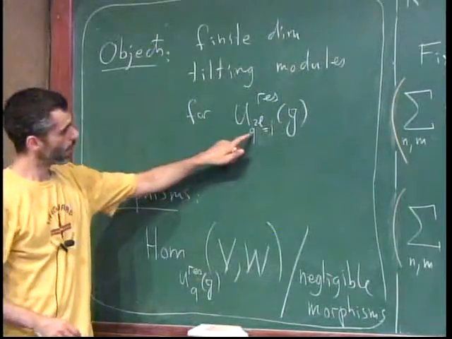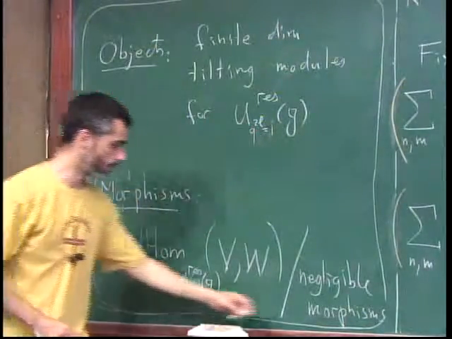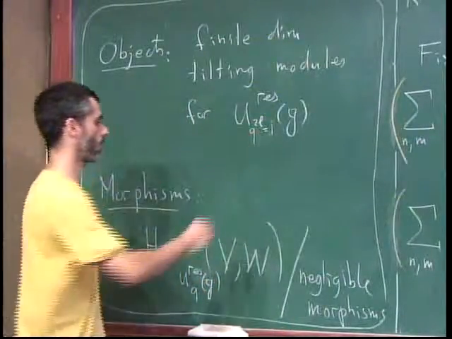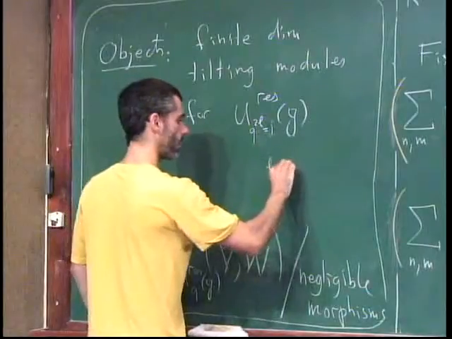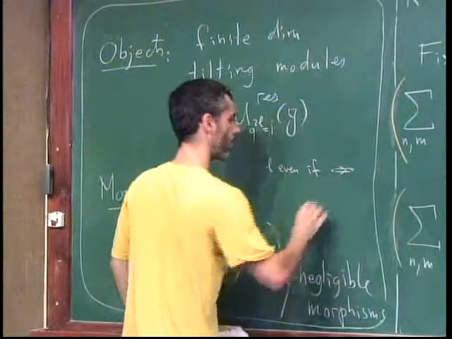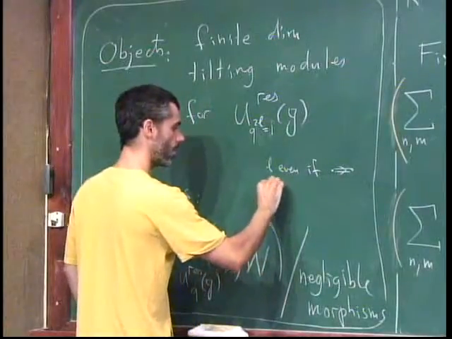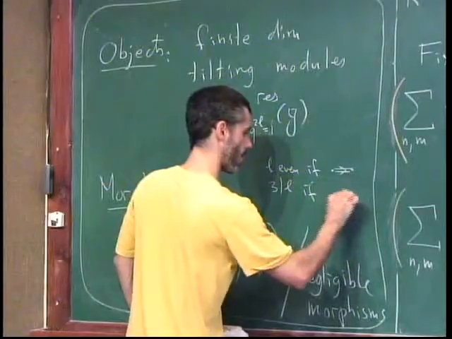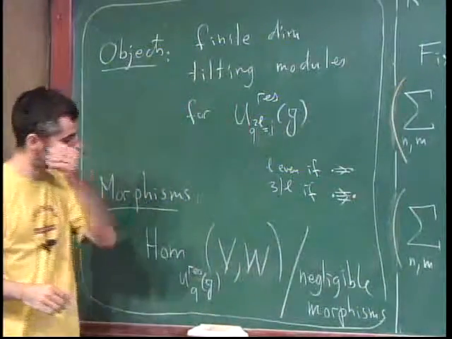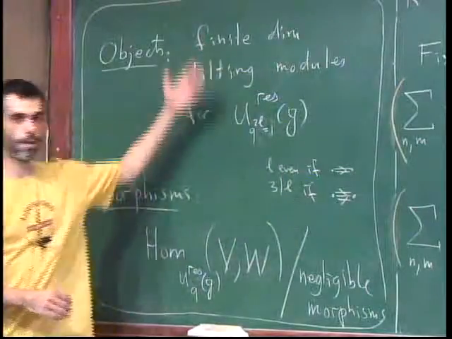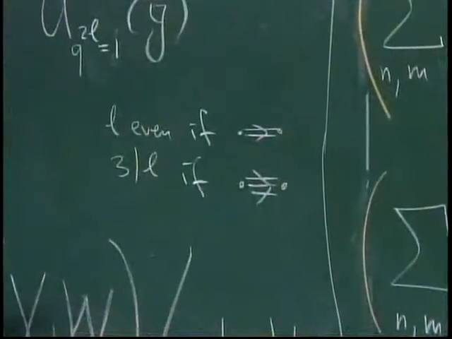And l needs to further be, let me write it here, l is even if the following occurs in the Lie diagram, and l is divisible by 3 if the following occurs in the Lie diagram. So if you don't impose these things, the definition still makes sense, but it might fail to be a modular tensor category.